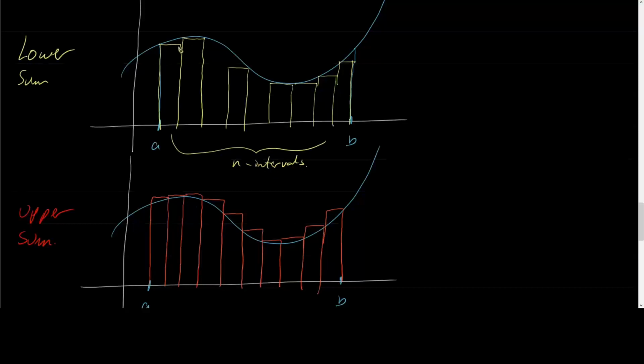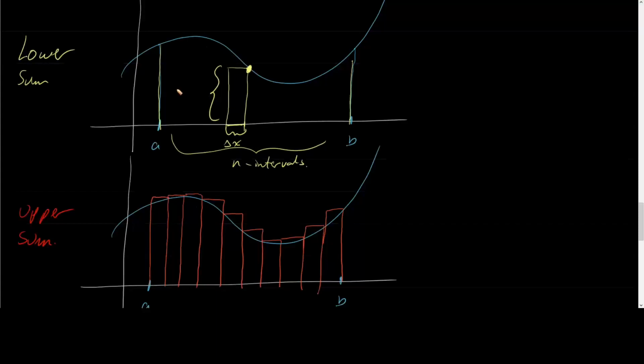In this rectangle, this is the height, and this is the width. I'm going to call that width delta x. And the height is based off the actual value of the function at this spot, the x value that produces the smallest value throughout the interval.